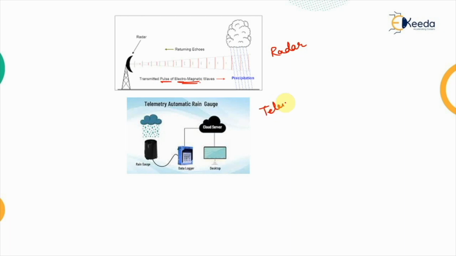The second is the use of telemetric rain gauges, which are used to collect data about the rainfall. In addition, we have another method known as remote sensing, that means using satellites. These are all the latest methods developed to get data about the rainfall.